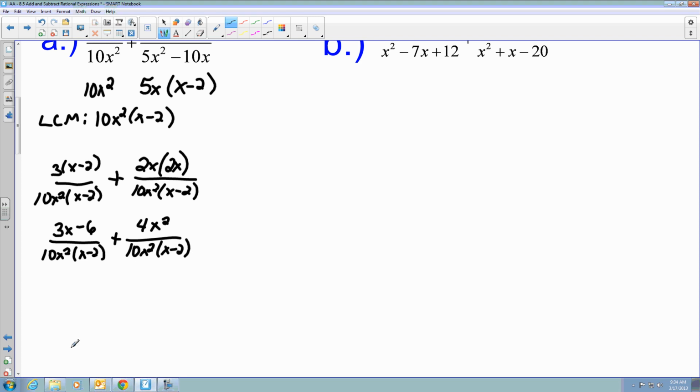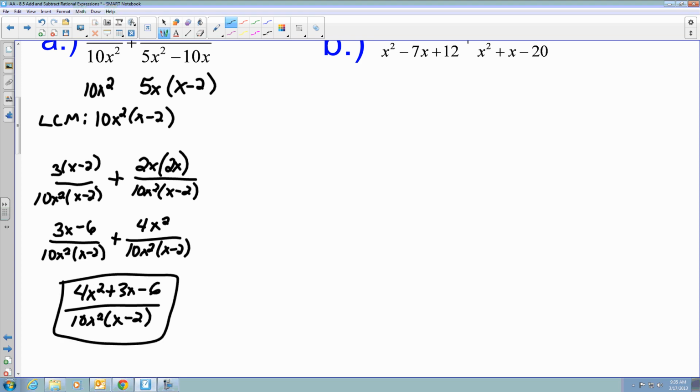So when I add these, I can go 4x squared plus 3x minus 6 all divided by 10x squared times x minus 2. And that is its simplest form, so we'll leave it at that.